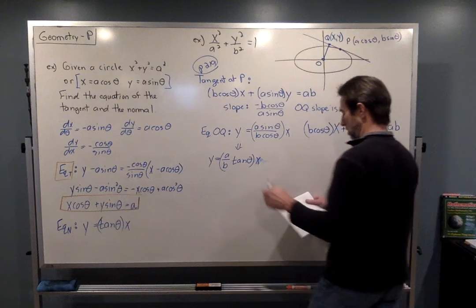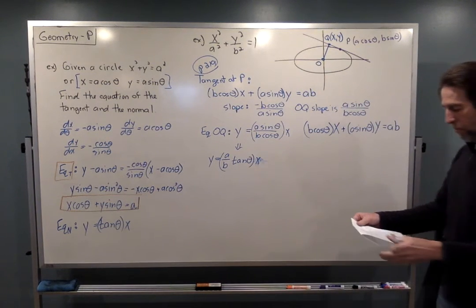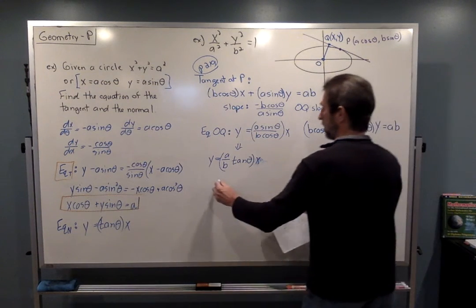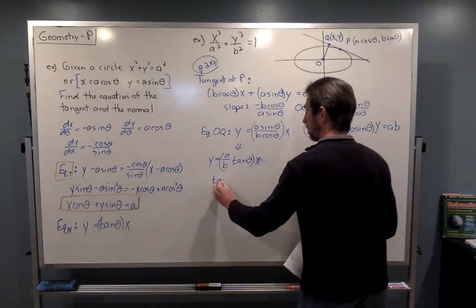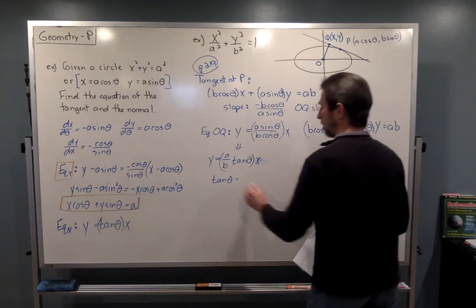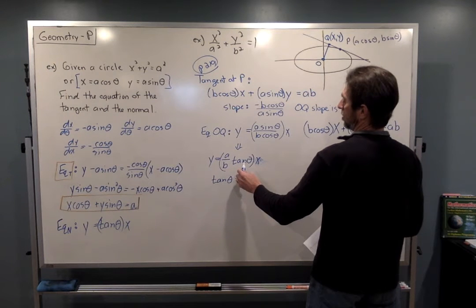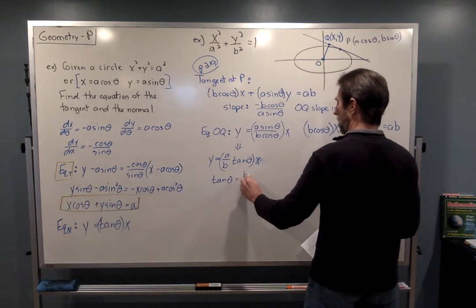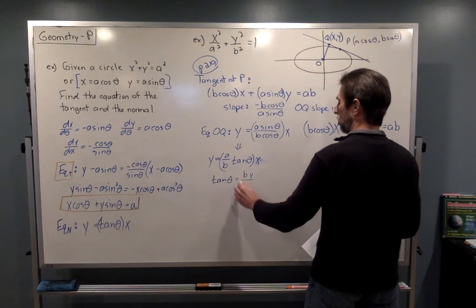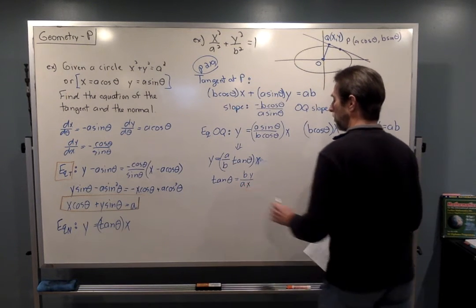Now from that, we get the tangent of theta, if we solve for that, would be by over ax.